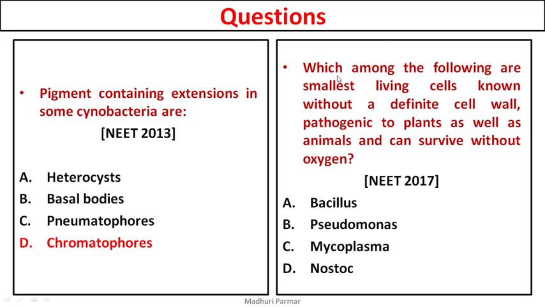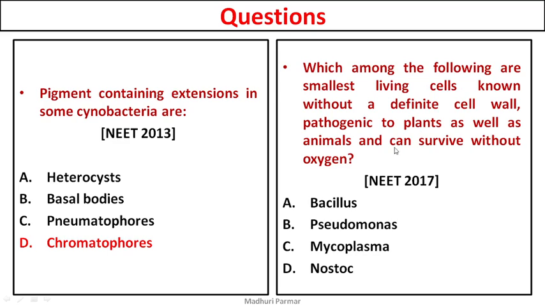Next question. Which among the following are smallest living cells known without a definite cell wall? So these are the smallest cells and they do not have a cell wall. They are pathogenic to plants as well as animals and can survive without oxygen. As soon as you hear smallest living cells and without a cell wall, the answer is always mycoplasma.